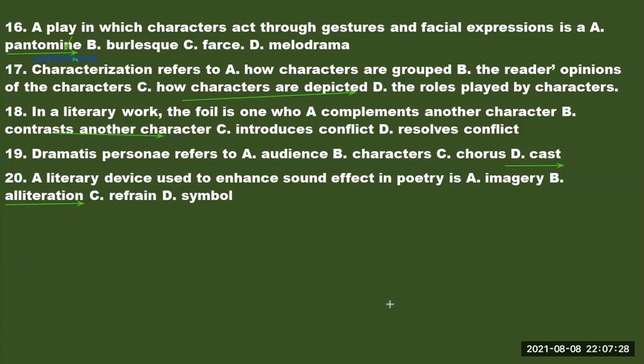This is where we draw the curtain in today's video, today's analysis, in which we have devoted our time to solving the questions taken from the 2019 past literature in English questions.